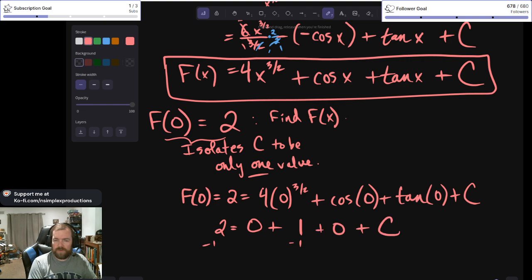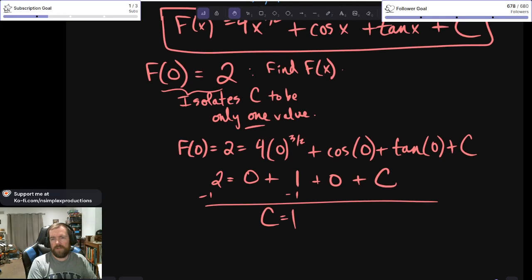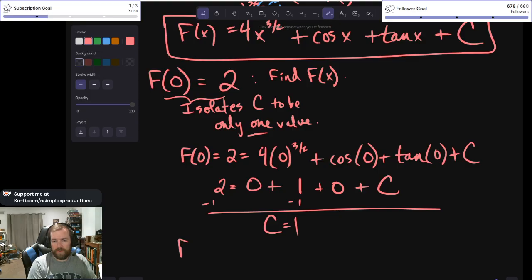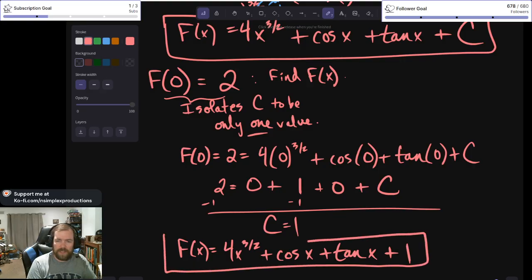So here we can subtract 1 from both sides. c is equal to 1. Therefore, capital F of x is equal to 4 x to the 3 halves plus the cosine of x plus the tangent of x plus 1. So now instead of being a c, which could be literally anything, we now have a specific c value, 1, which is going to make this F stand out from all other possible F's.